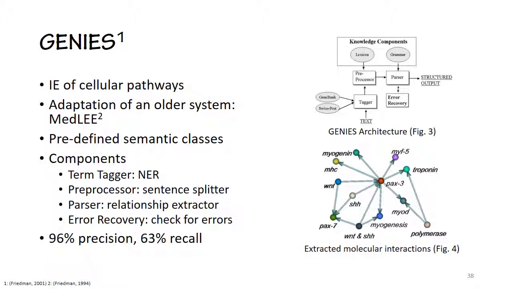So this relates to NER and sentence parsing and medical literature. Very precise, but not so good at recall. Remember when we had that graph earlier, and it had the inverse relationship between precision and recall? The better precision, the worse recall, and vice versa. So that's where that comes into play here.